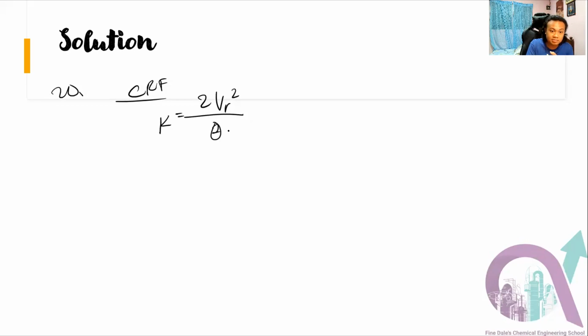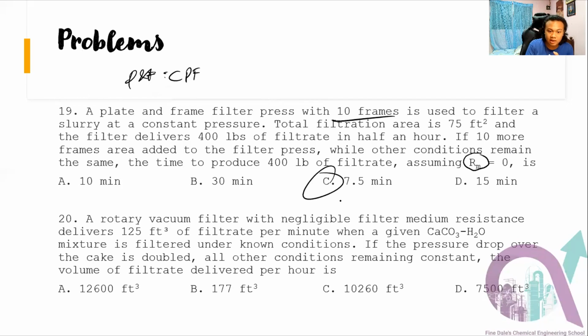Negligible filter, so RM equals 0. And then you have your volume of the filtrate per minute, given the calcium carbonate and water, and if the pressure drop over the cake is doubled.